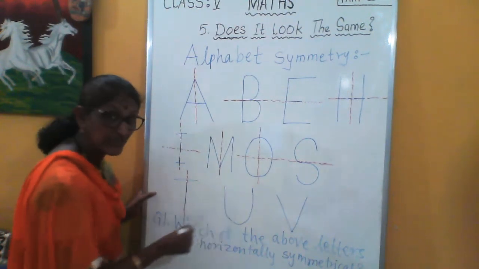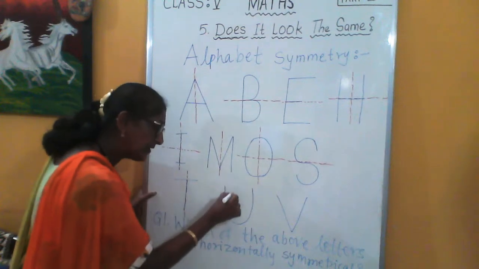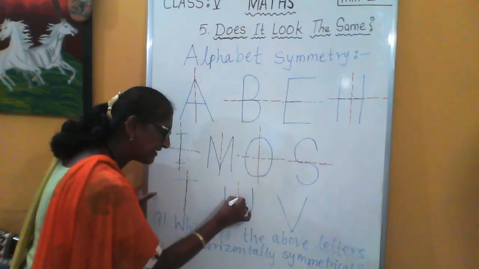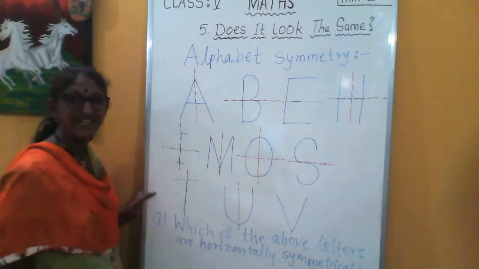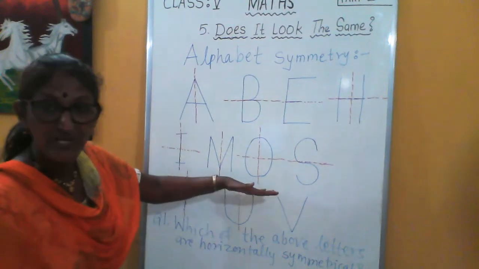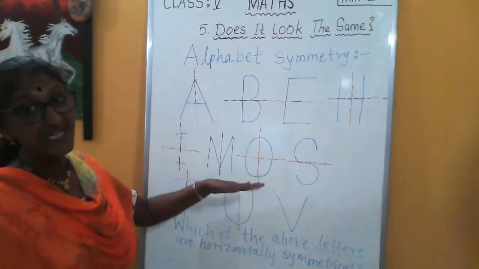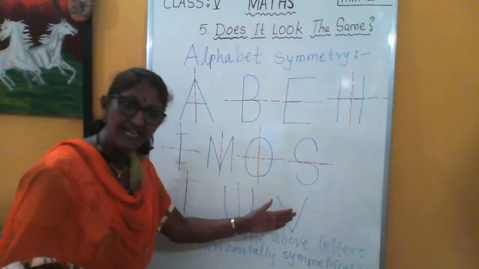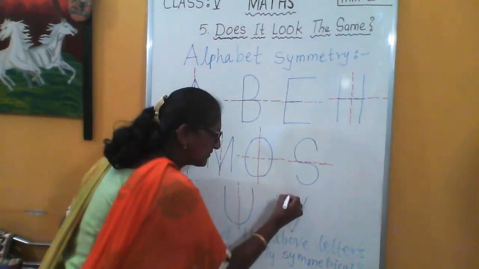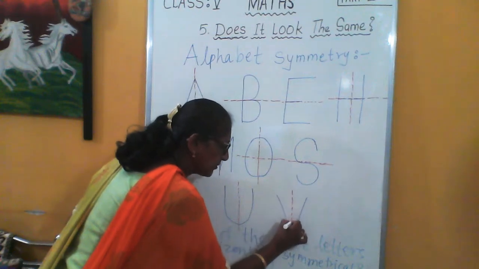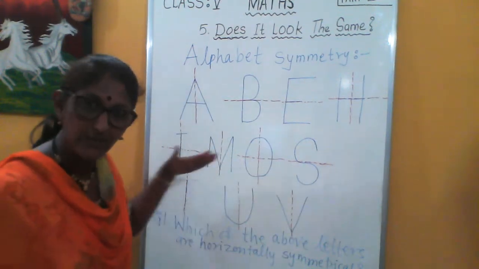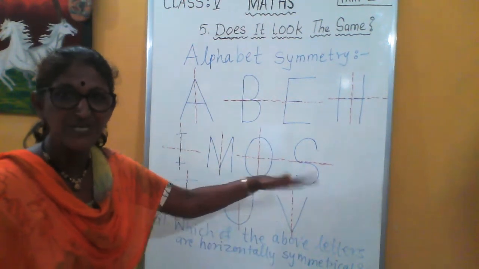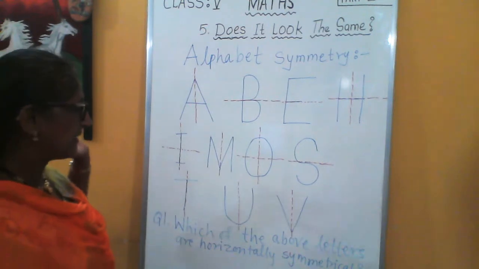The next, U. For U also only one line of symmetry we can draw, that is vertical, because if we put horizontal we cannot get equal parts. And the line of symmetry for V is also vertical. We cannot give a horizontal line of symmetry. Think about it that way.